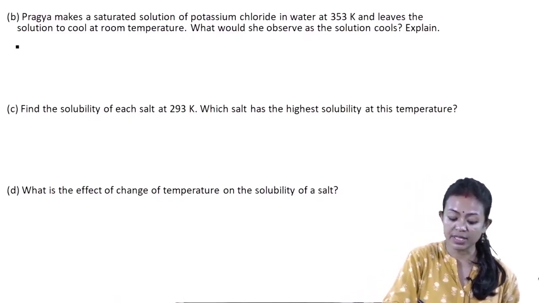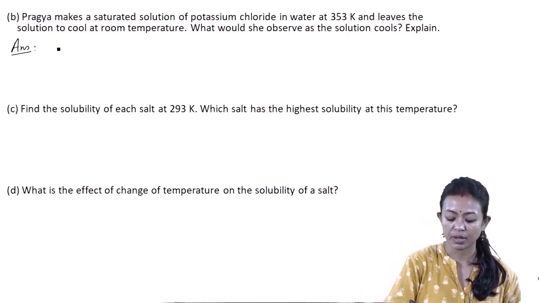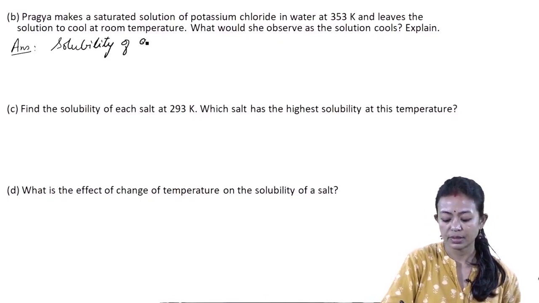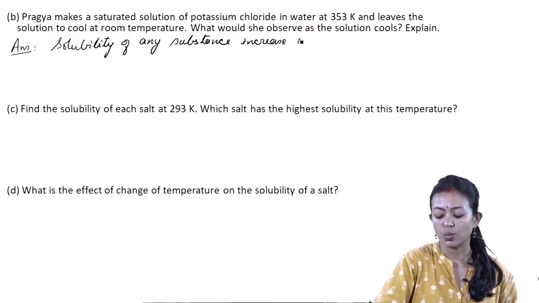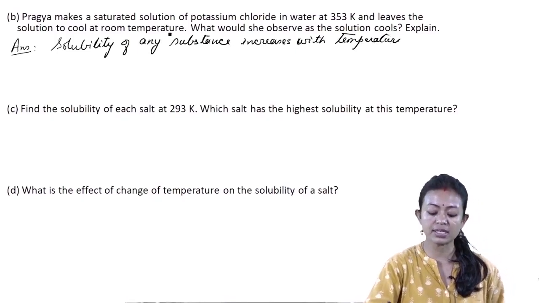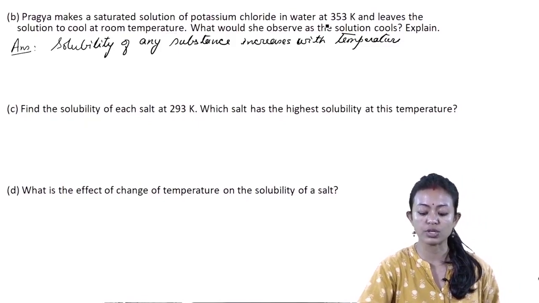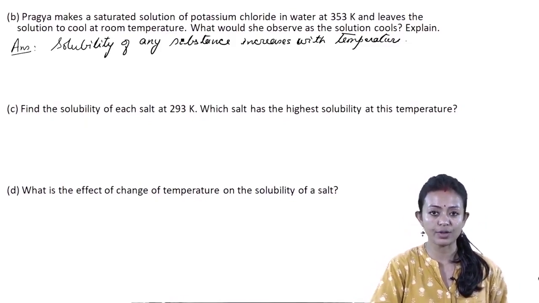Explain. Now, the very first thing that we need to understand is that the solubility increases with temperature. We know that solubility of any substance increases with temperature. Now, in this case, Pragya made a saturated solution of potassium chloride in water at 353 Kelvin, and then she cooled it to room temperature.